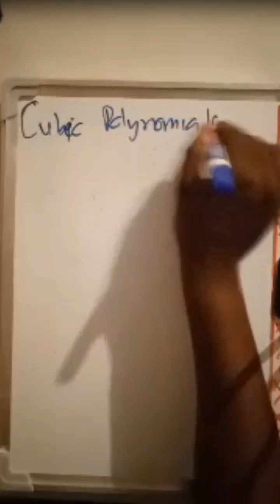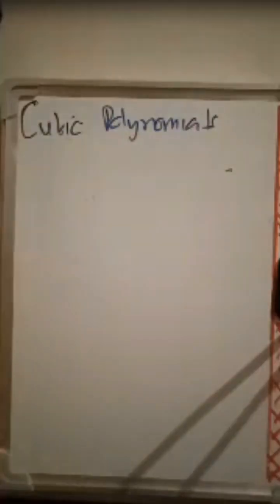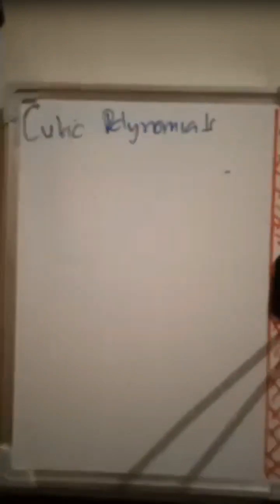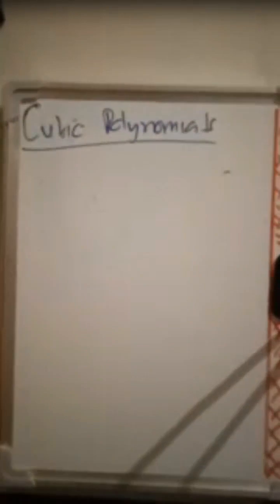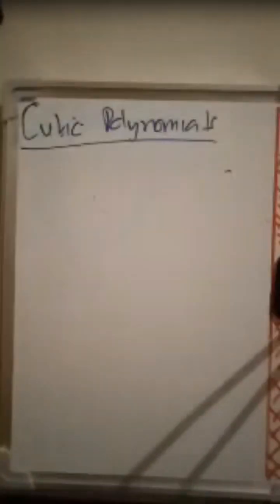Okay, so the first thing that we are going to look at is cubic polynomials. We know from our knowledge of polynomials, a polynomial is actually an expression that has two or more terms. So for it to be a cubic polynomial, the highest power of x should be 3.